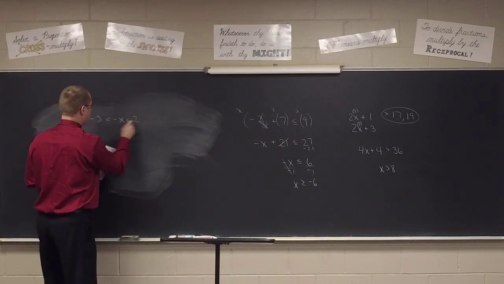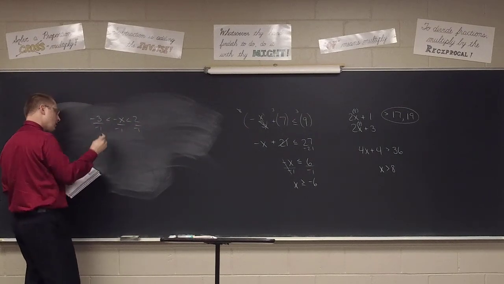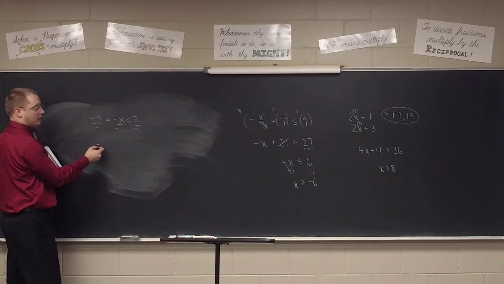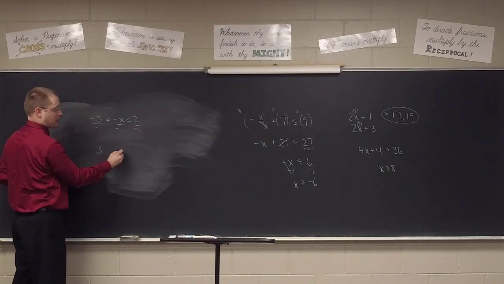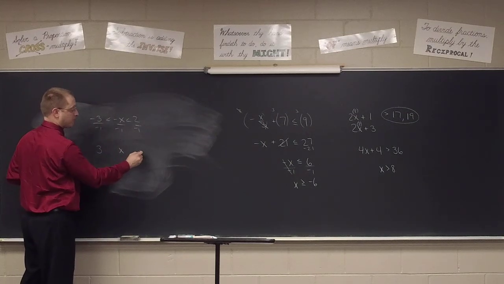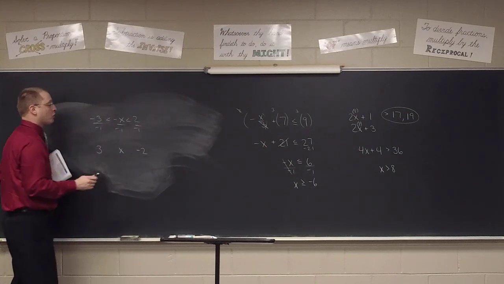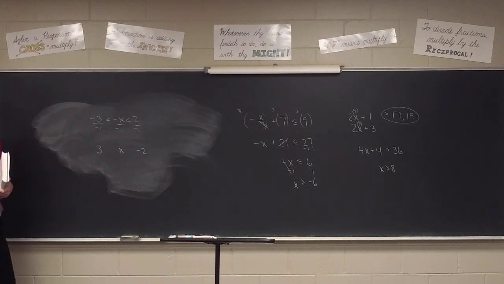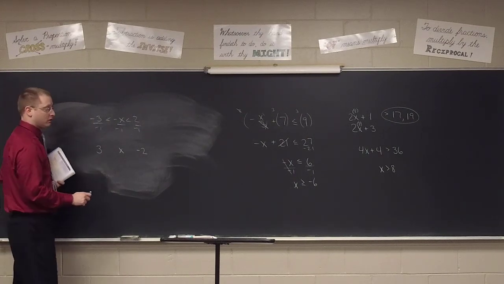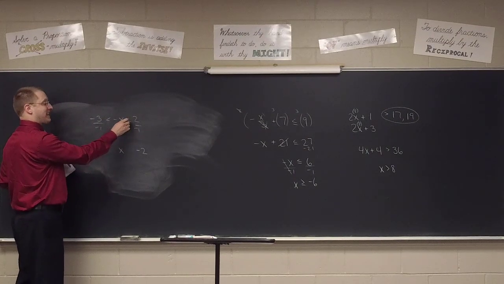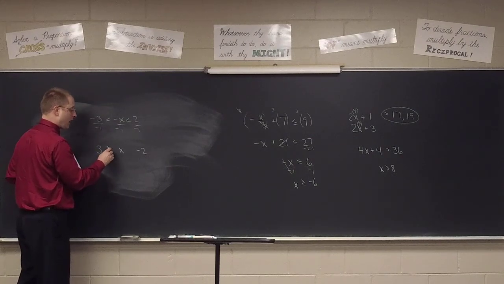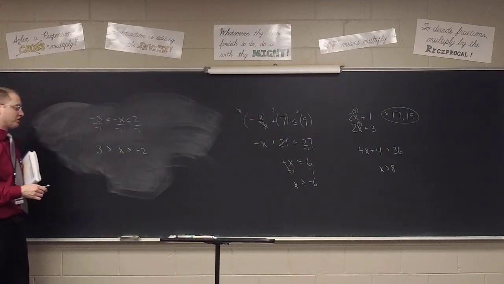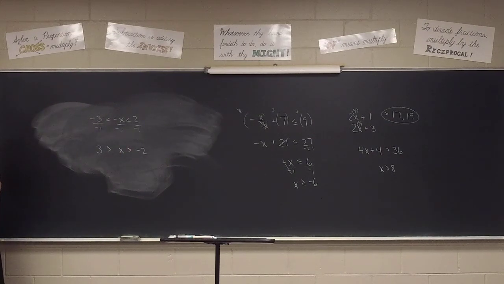When I do so, of course, this gives me a 3, and this gives me -2. But I have to remember, anytime I divide by a negative, Bracken, I've got to flip the inequality signs. On the surface, if this was all there was to it, this is pretty easy, but there is one last step.